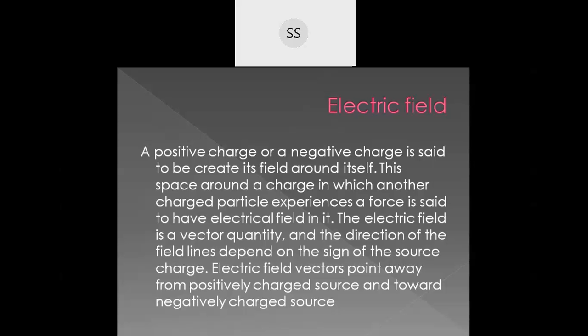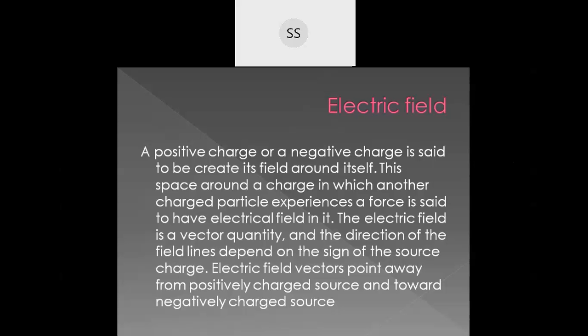The direction of the field lines depends on the sign of the source charge. Electric field vectors point away from a positively charged source towards the negatively charged source. So the area around the charged particle up to which it can attract or repel another charged particle is the electric field of this charged particle.